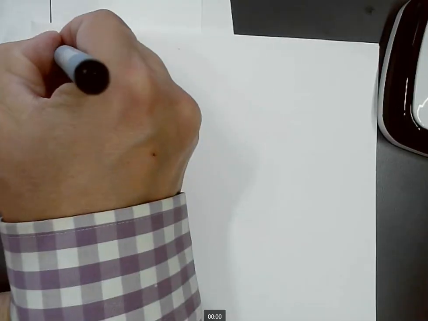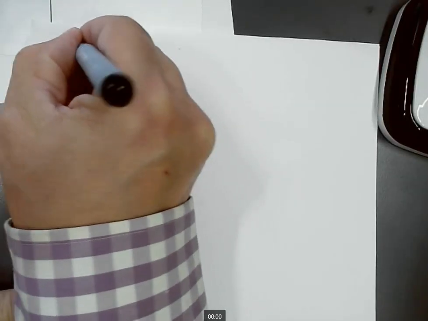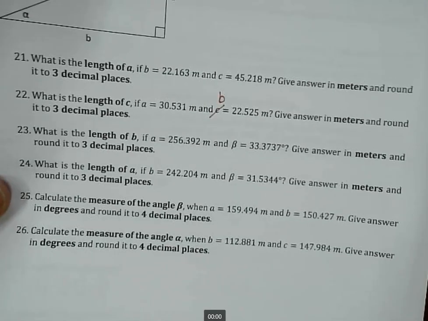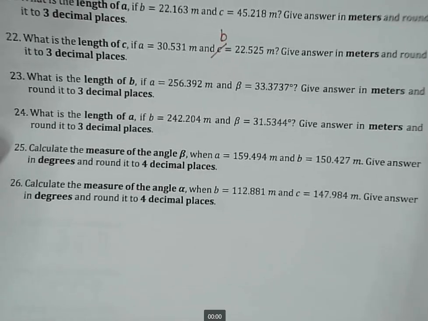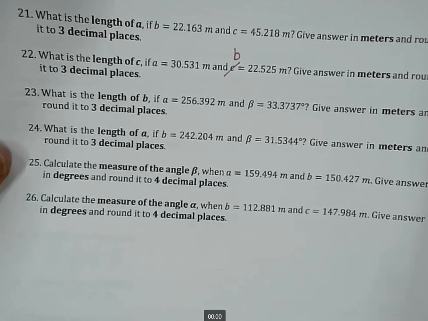Then the number 22, there was an almost similar problem. These first two problems in this triangle test were problems where you needed the Pythagorean theorem, Pythagorean lause.